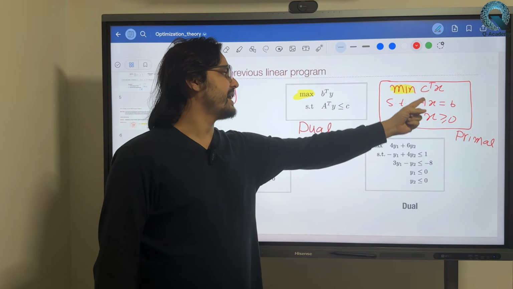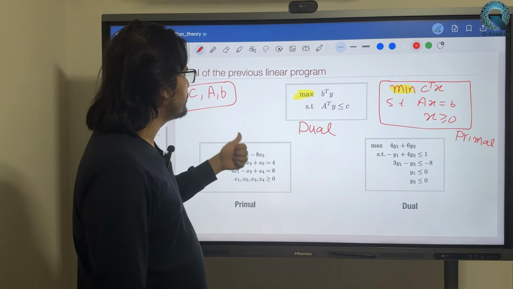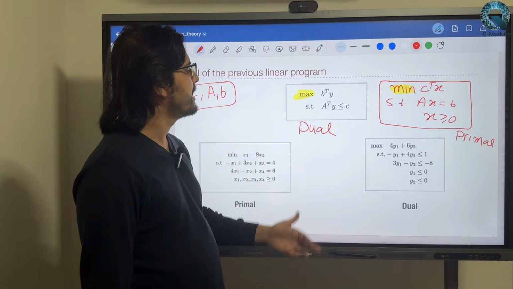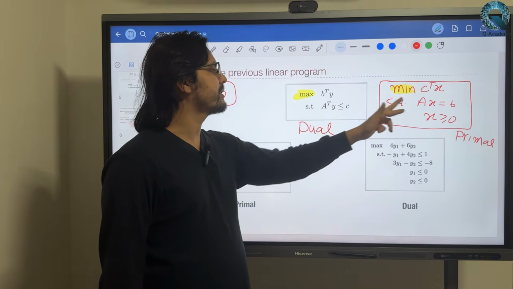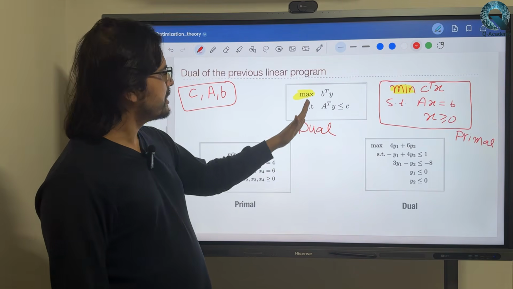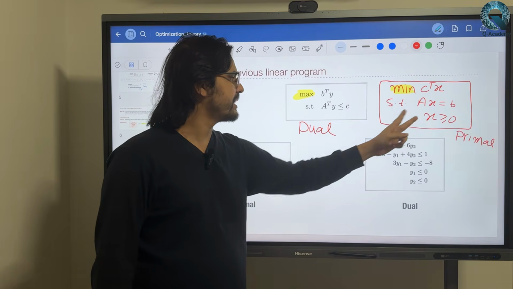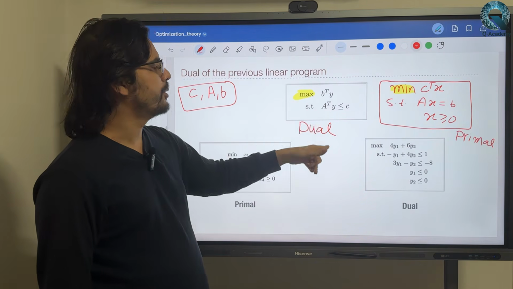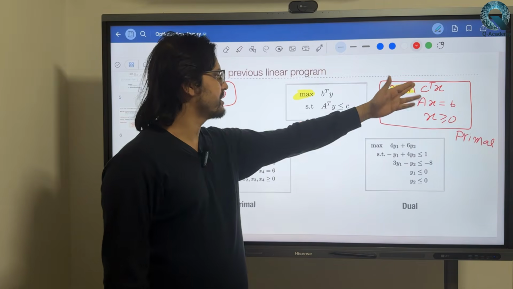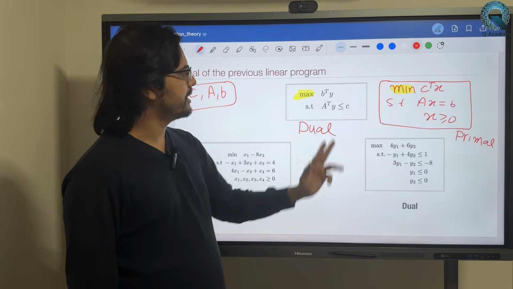From there you can extract your C, A and B, and using that you can write the dual form. Similarly, given the dual form, you can write the primal form. Notice that only the decision variables are different. Here the decision variables are X and here the decision variables are Y. The rest of the information is the same: C, A and B that we are using.